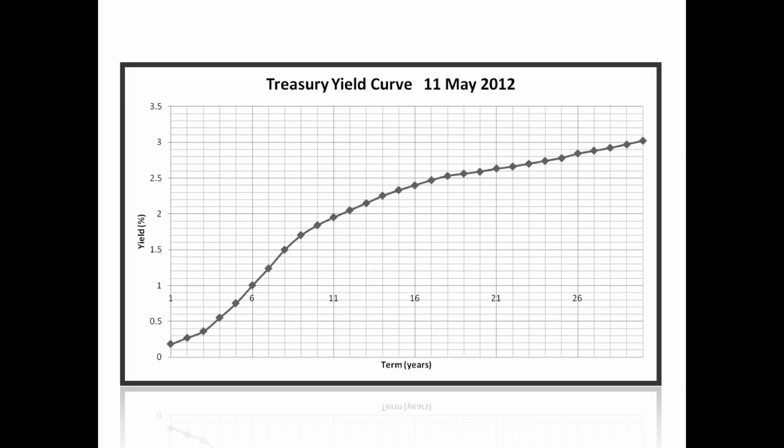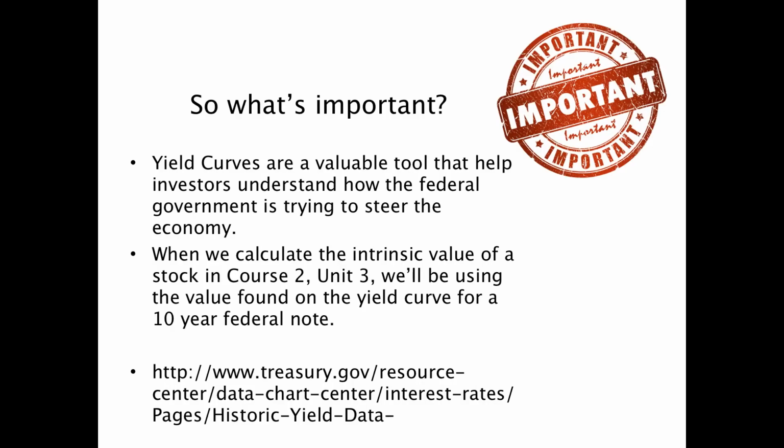And we're still seeing the effects of that in 2012. But if you look at that 1 year mark for the yield, you can see it's below 0.5%. So that's extremely low. And as you look out to the 30 year, it's only 3%. So that's where we're at in our current market condition on 11 May 2012. So what's important about those yield curves?